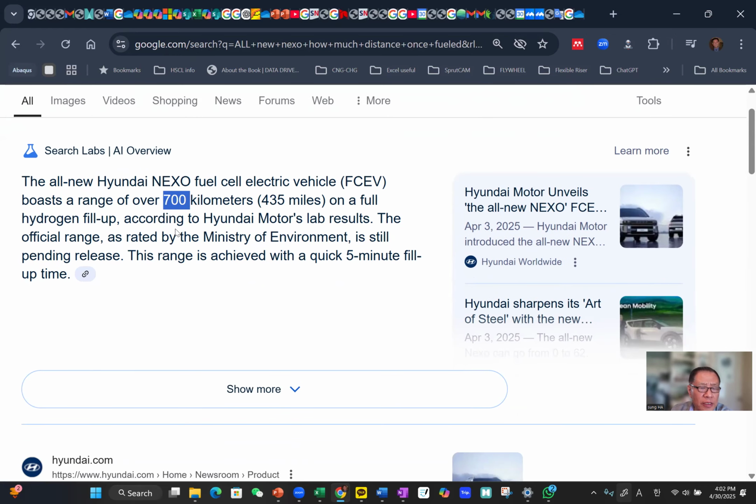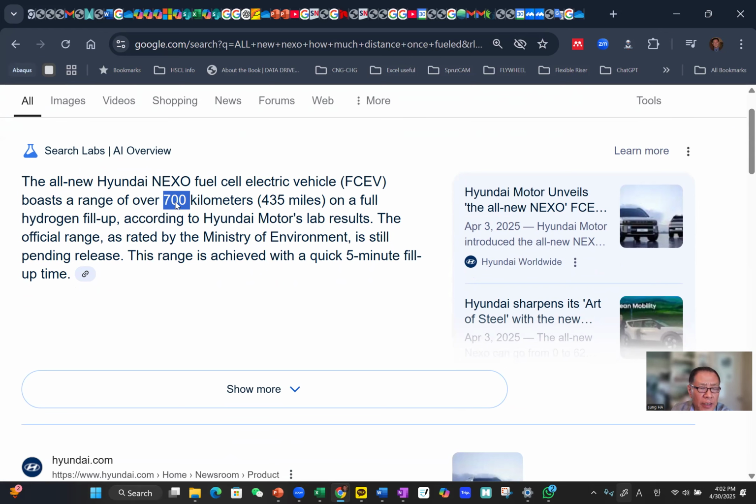Why not more than 700 kilometers? It is because of limited hydrogen gas. So imagine that if we have a tank which can contain more hydrogen with the same weight, this can be increased to like 1,000 kilometers.